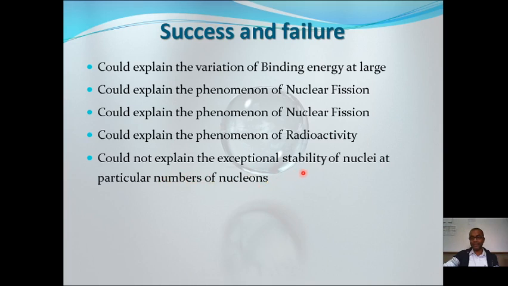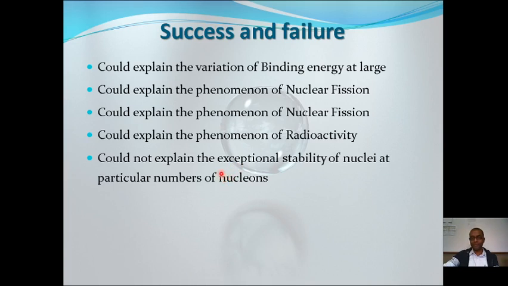For example, if we see the binding energy curve, that is the variation of binding energy per nucleon with mass number, we see that for lesser mass numbers, till about A equal to 20, certain peaks are observed in the binding energy curve for mass numbers corresponding to 4, 8, 12, etc. The liquid drop model could not explain this erratic variation of binding energy per nucleon for lesser mass numbers.